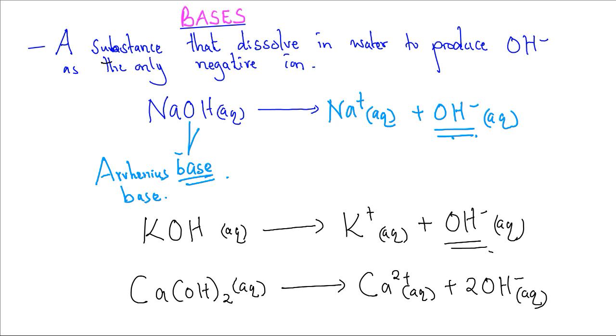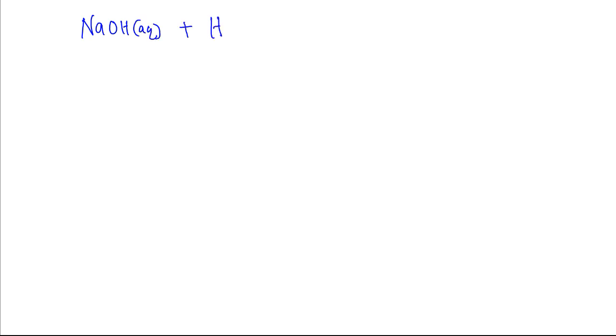But before that, we want to look at some reactions where we have our bases showing the evidence of the production of hydroxyl ion, and that is where we have sodium hydroxide plus hydrochloric acid to form sodium chloride and water.